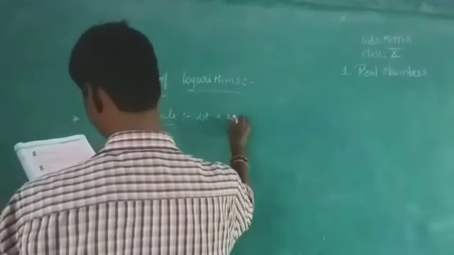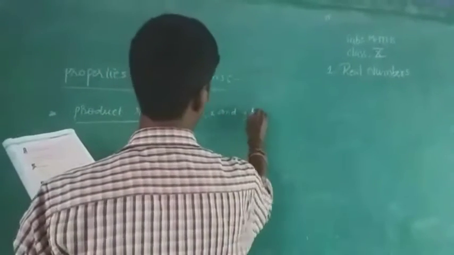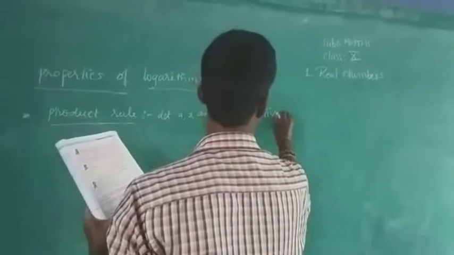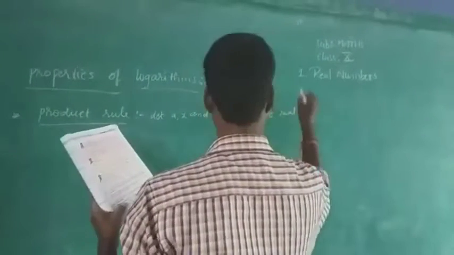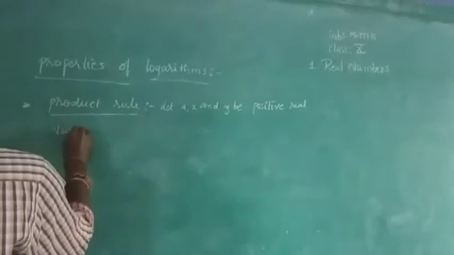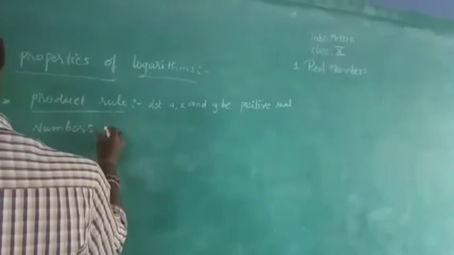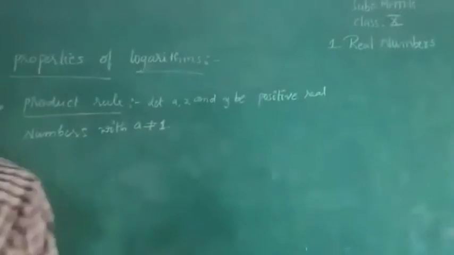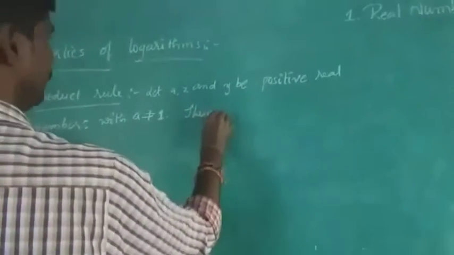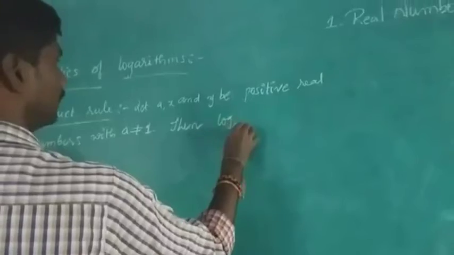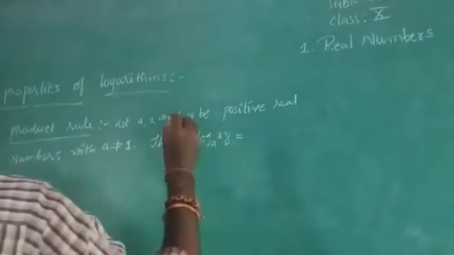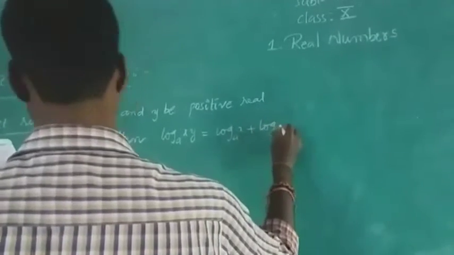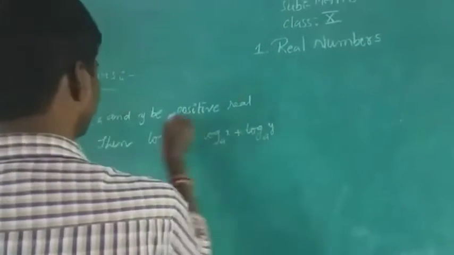Let a, x and y be positive real numbers with a not equal to 1, then log base a of xy is equal to log base a of x plus log base a of y.